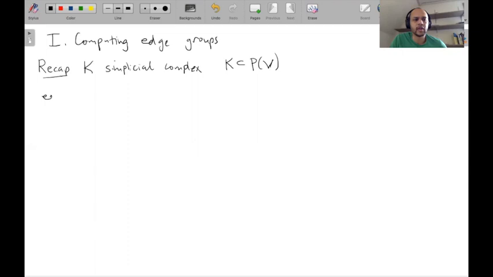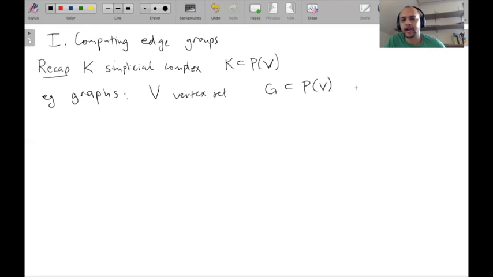So for example, graphs fit into this setup. A graph, you have some vertex set V, and then G, if you think about it as a subset of the power set of V, these are subsets of size at most 2.